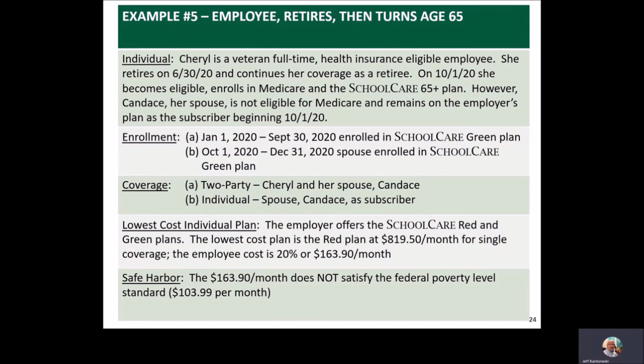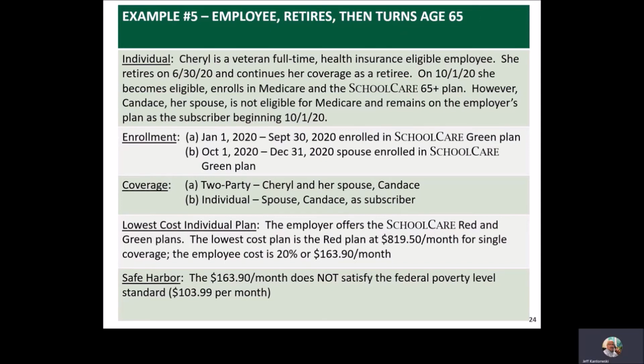Example 5 is a little more complicated, but certainly representative of a situation that you may have to report on. We have an employee who retires during the year and then turns age 65. Cheryl is a full-time health insurance eligible employee. She retires on June 30th and continues her coverage as a retiree. However, on October 1st, she becomes eligible and enrolls in Medicare and the School Care 65 Plus plan.